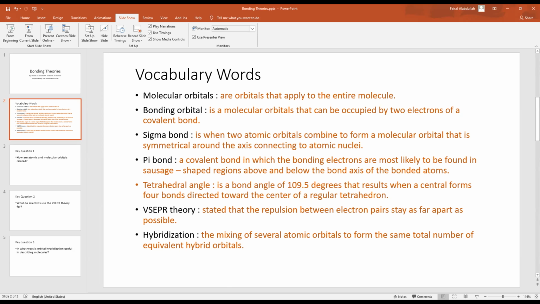Tetrahedral angle is a bond angle of 109.5 degrees that results when a central atom forms four bonds directed toward the corners of a regular tetrahedron.